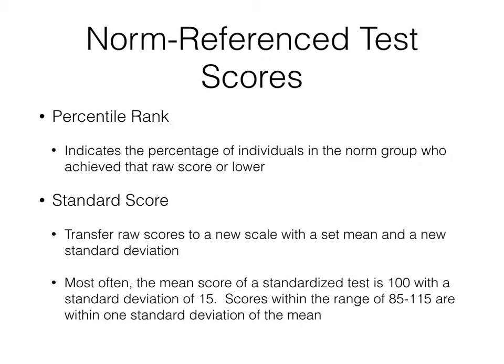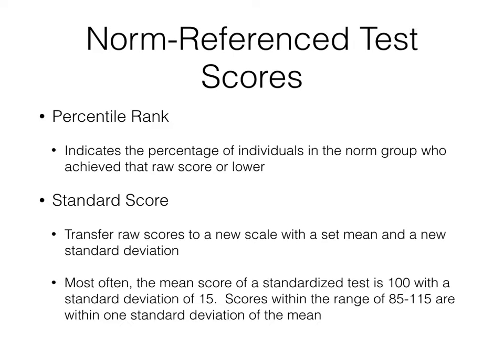So the percentile rank indicates the percentage of individuals in the norm group who achieved a raw score lower than the individual. So we'll spend a lot more time talking about percentile ranks again when we get into working with the case study data, and you've had some experience administering the test.